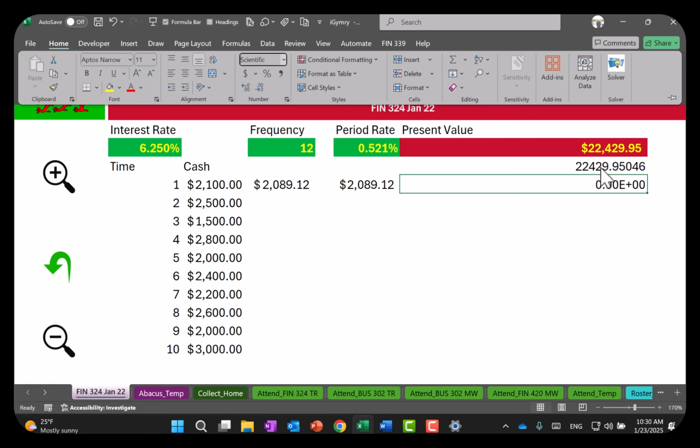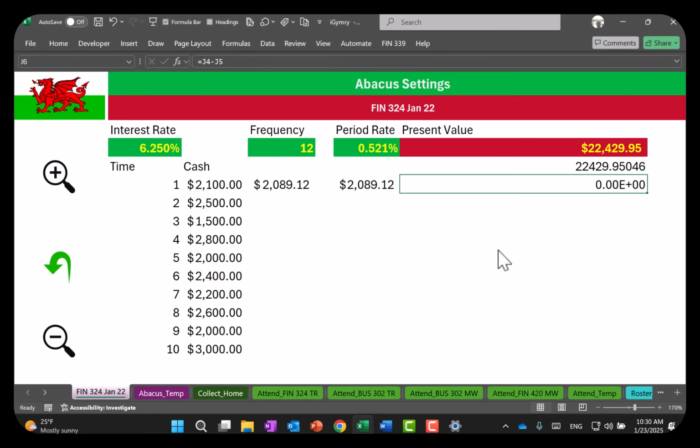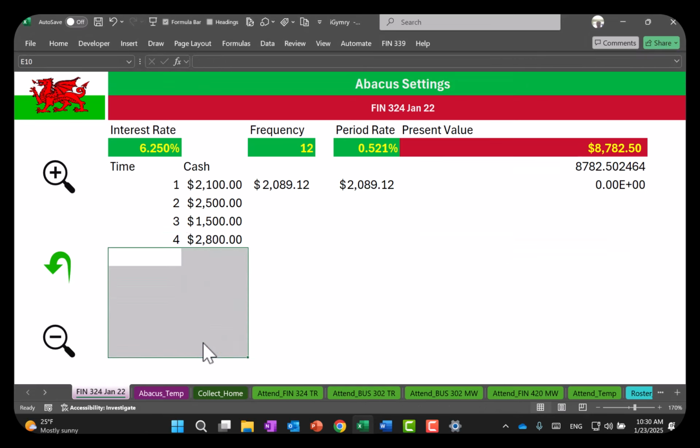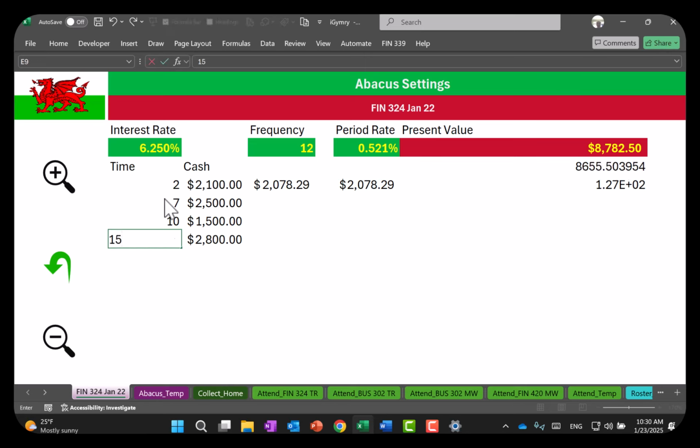Now, I'm not limited to having all the periods being exactly the same. Okay. So suppose, forget about all of these. You're going to get these cash flows in year 2, 7, 10, and 15. Okay.